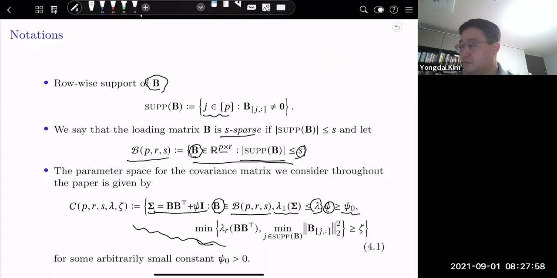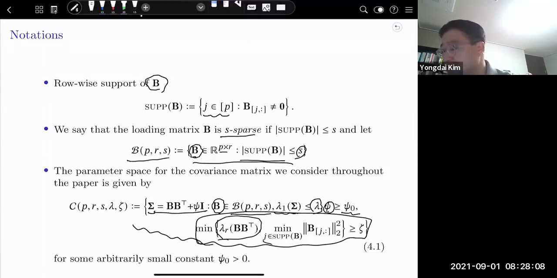And there are some conditions on the minimum eigenvalue and the L2 norm of the non-zero row vectors. First, the minimum eigenvalue of the factor loading matrix is greater than zeta, and also the L2 norm of each non-zero row vector is greater than zeta. That is the parameter space we consider, and we study the asymptotic properties of the posterior distribution when the true covariance matrix belongs to this parameter space.